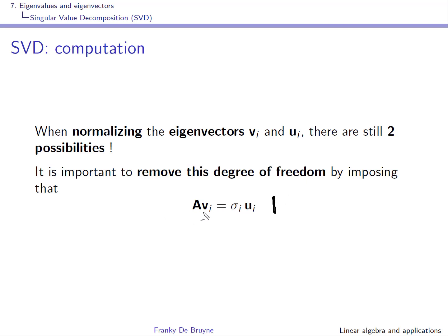The v_i are vectors in the orthonormal basis of the row space, and they are mapped on vectors in the column space that are orthogonal, but their length has changed. It's not necessarily a unit vector anymore, so we write it as a unit vector times a positive scalar. If we normalize, this equation should hold for i equals 1 to r.